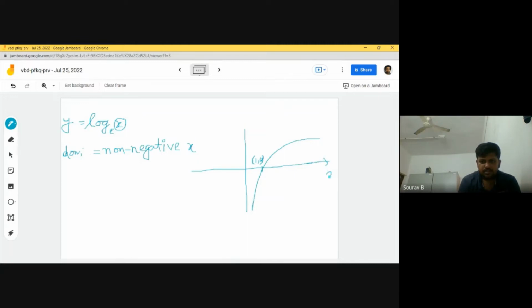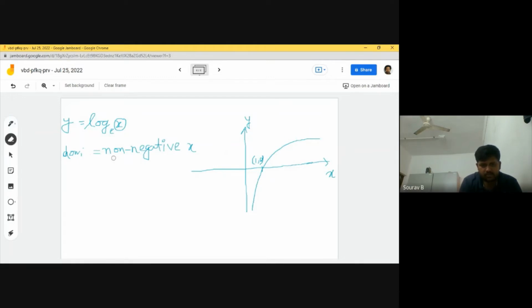So this is x and this is y. So basically this log x is an increasing function, but the rate of increment is decreasing. Here the rate of increment is less.